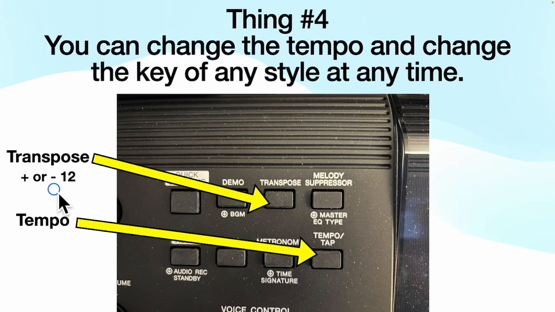The tempo goes from 1 to 280, and I can pretty much guarantee there's never going to be a song that you use 280 beats per minute. And by the way, you will use the rotary dial to change the transpose and also change the tempo once you press the key.